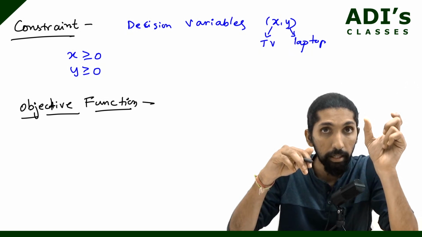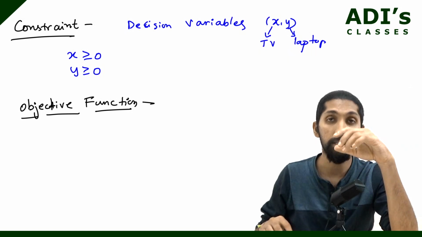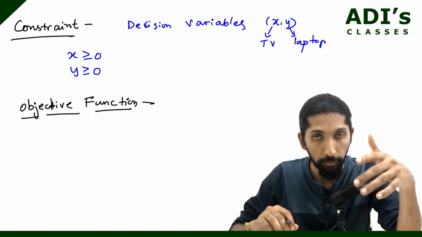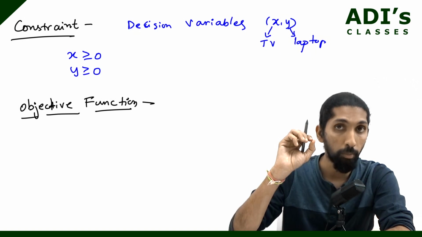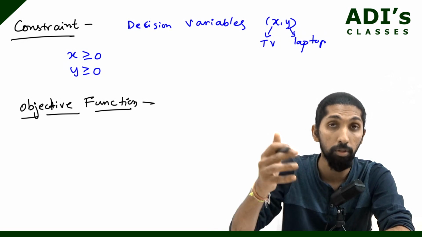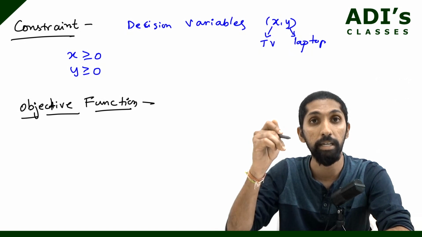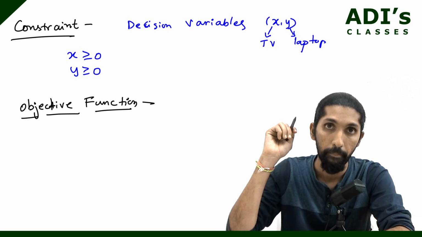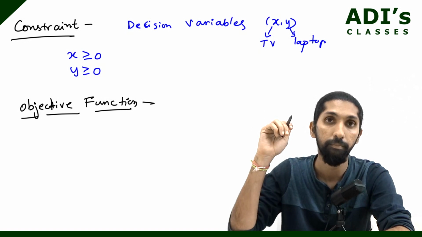So that particular condition or issue we have is basically an objective function. So we need to look at the objective function. What is your objective? What is your motive for solving that problem? Your objective is to get the final answer, correct? That means my objective is to maximize the profit.